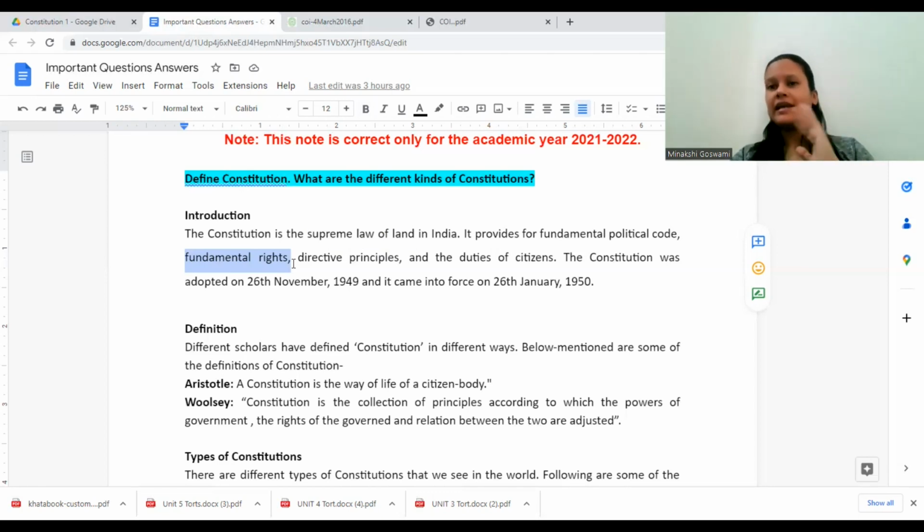If it is going against what is written in Constitution, that certain law may be considered as unconstitutional. It would be declared as not applicable. It would be declared as void, that from tomorrow this law is not going to be applicable because it has violated so and so provision of Constitution.